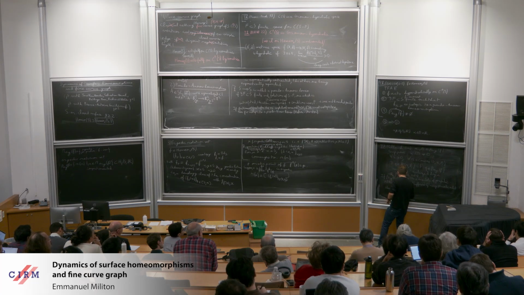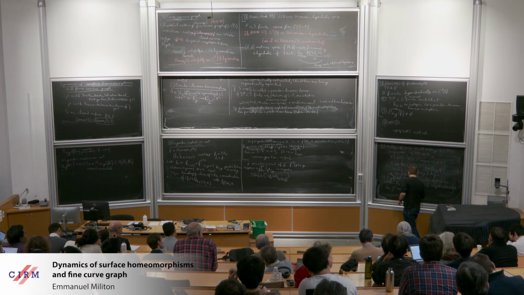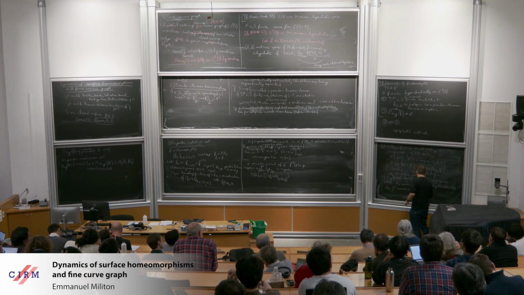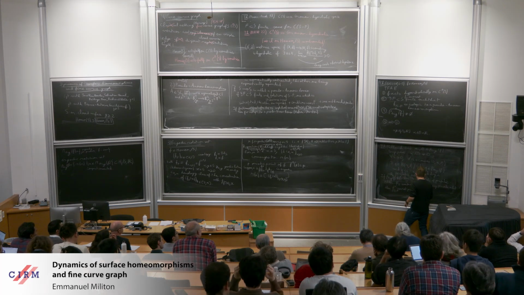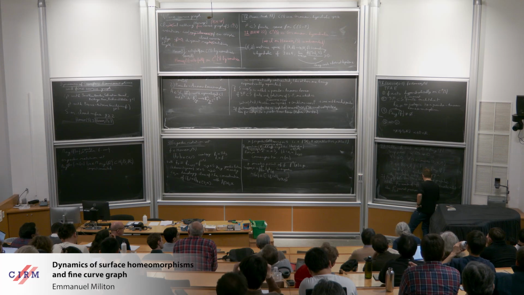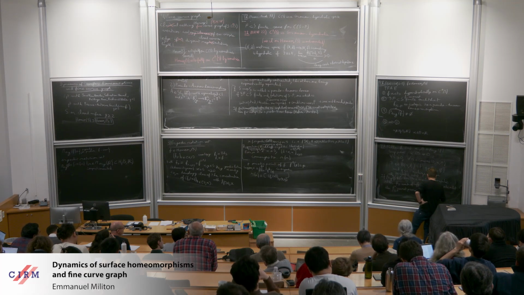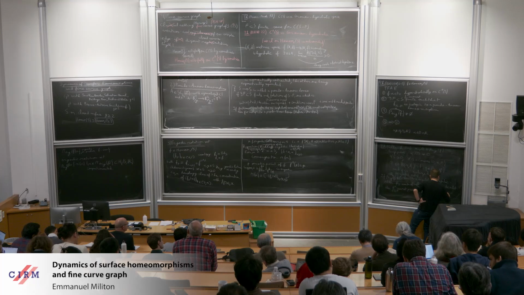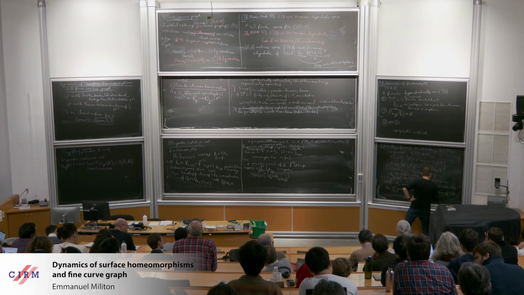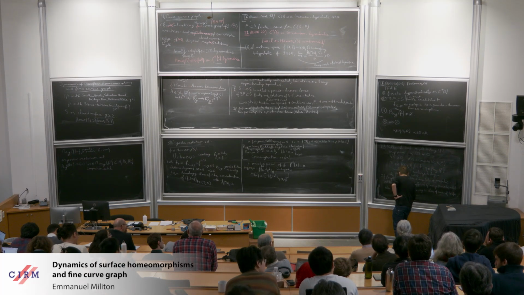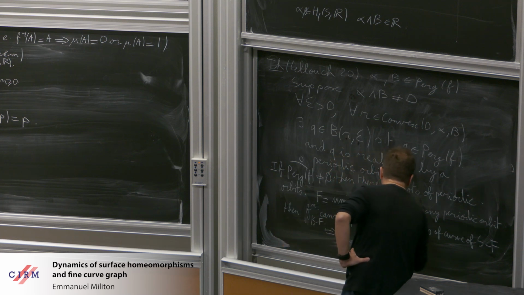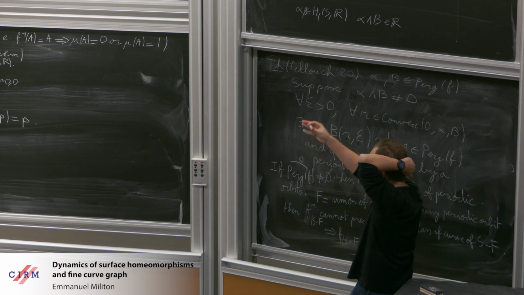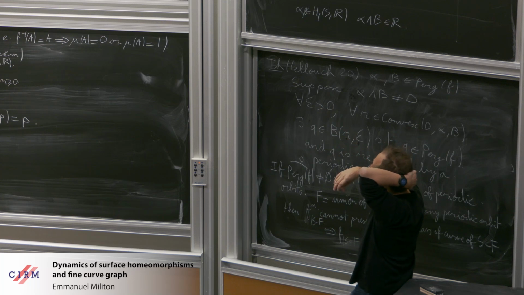F cannot preserve, restricted to S minus F, any isotopic class of curves of S minus F. So F has to be isotopic to a pseudo-Anosov, I use the part of the classification I gave at the beginning.